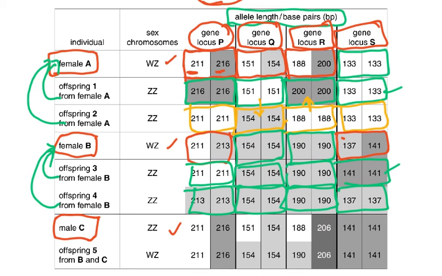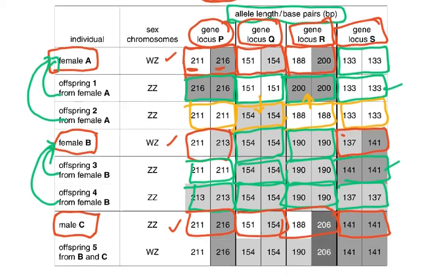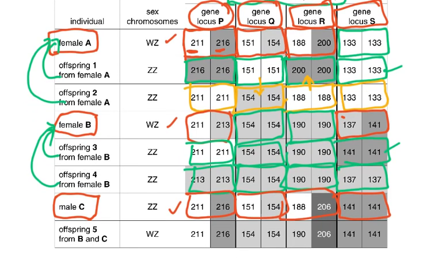Now in male C, what did we have? In male C we had, now this is again hetero, hetero, hetero, and this is of course then homozygous. 141, 141 were the same. Then the last one we talk about was the offspring 5 from B and C. So this is again different now. How are they going to be if we have them all? This is same and this is same.